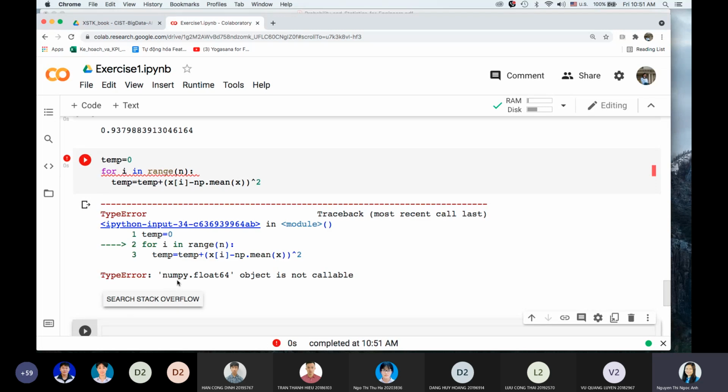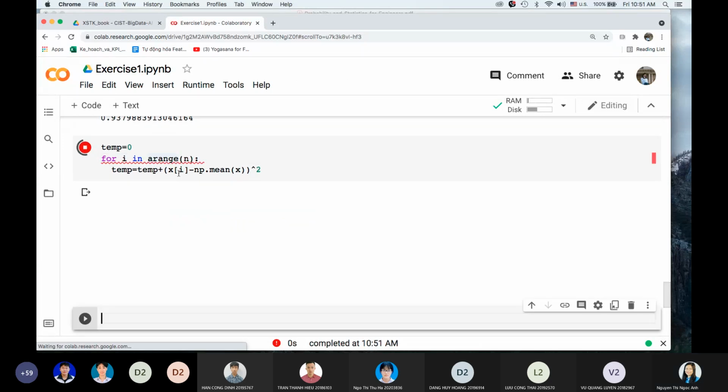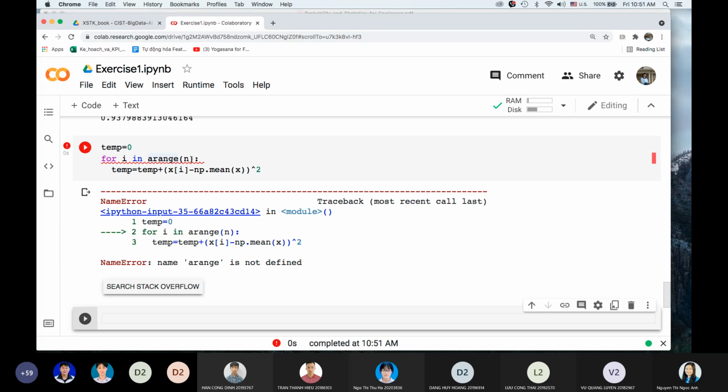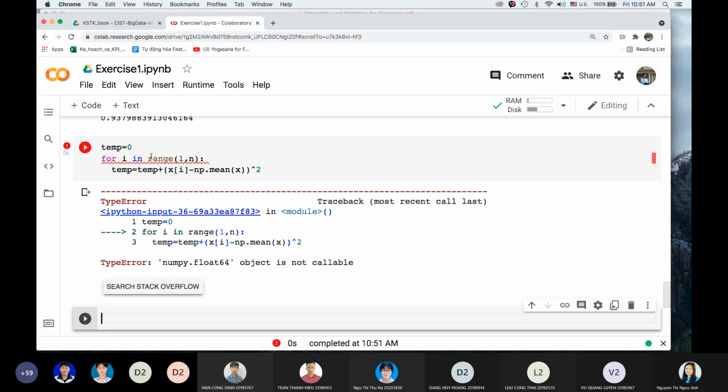Oh, what is it? Oh, sorry. Oh, yes. NumPy.